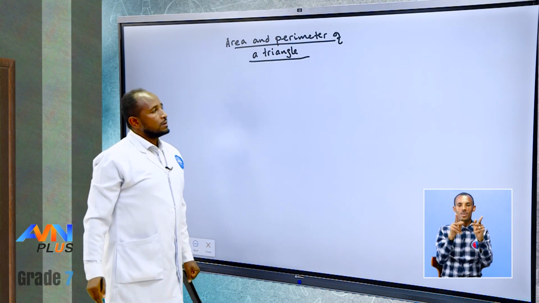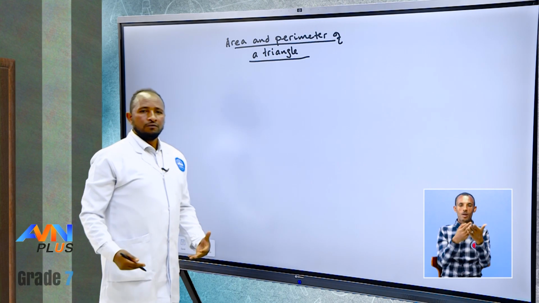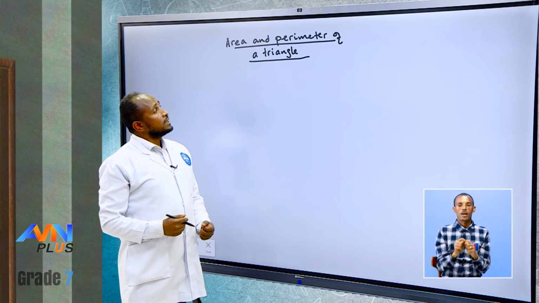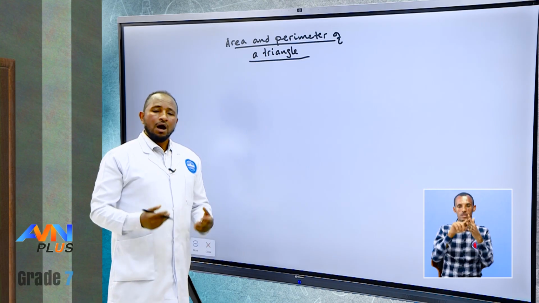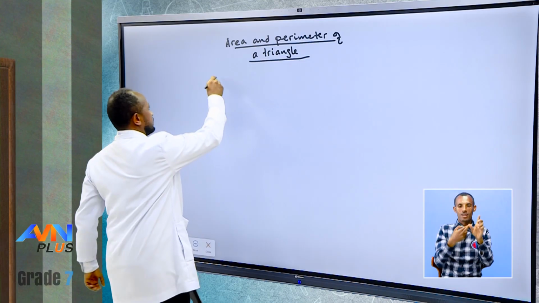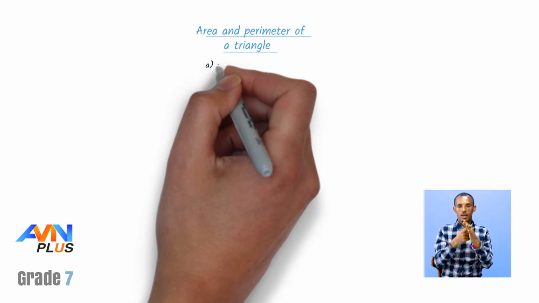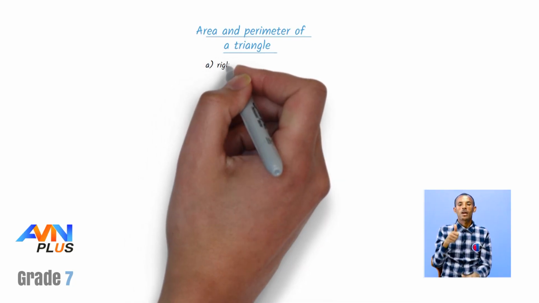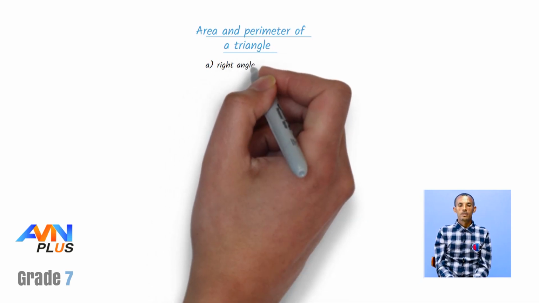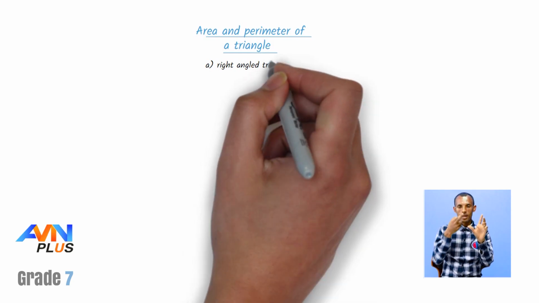Okay, here we have different types of triangle. So let's start from how to calculate the area of a right angle triangle. Let's start from the first one, A, right angled triangle.